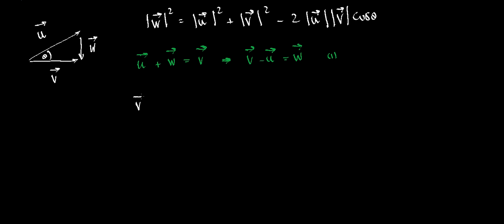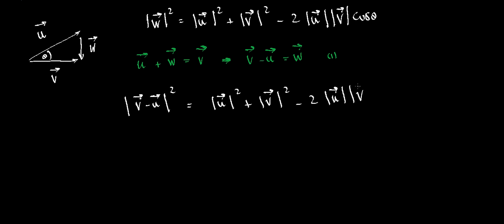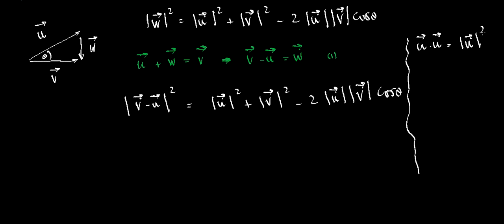So the magnitude of v minus u squared is equal to the magnitude of u squared plus the magnitude of v squared minus 2 magnitude of u magnitude of v cosine theta. Now I'm going to use a property of dot products which said that a vector dotted with itself is equal to the magnitude of the vector squared.